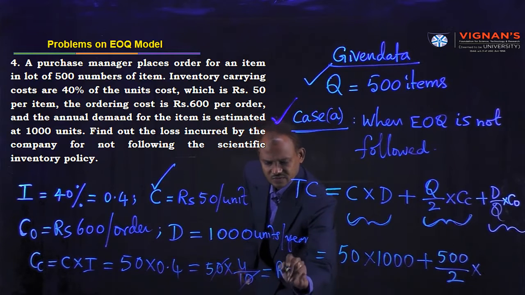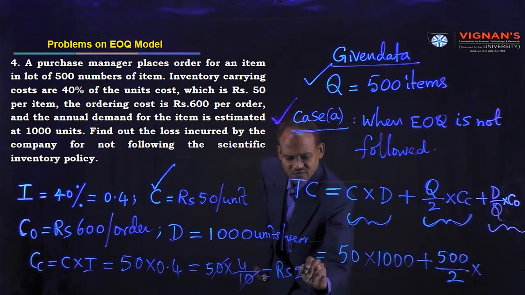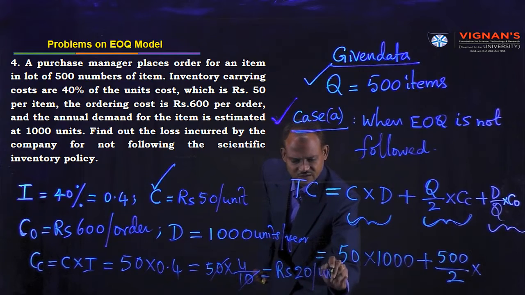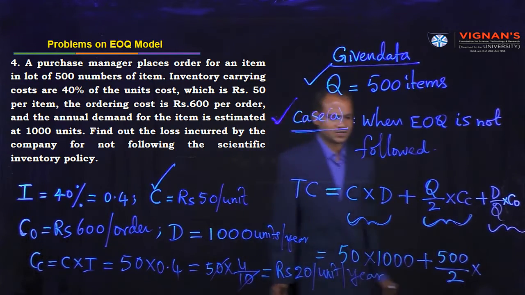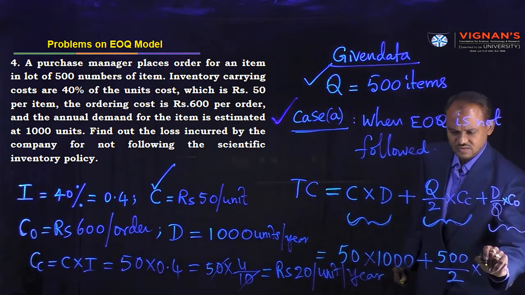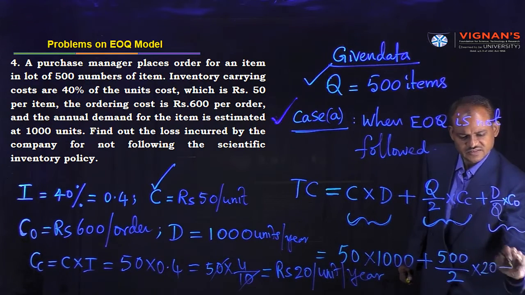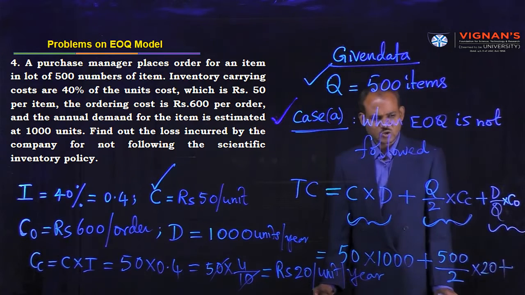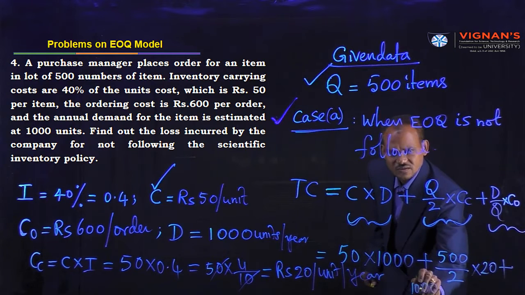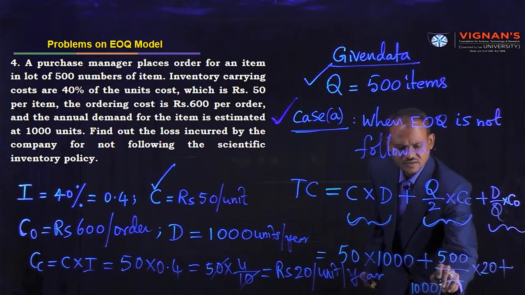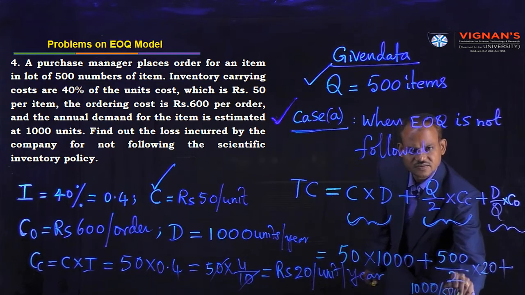So 5 fours 20 rupees per unit per year. This is the CC. 20 plus total ordering cost D by Q, 1000 divided by 500.